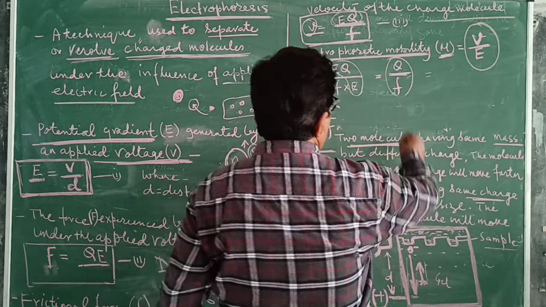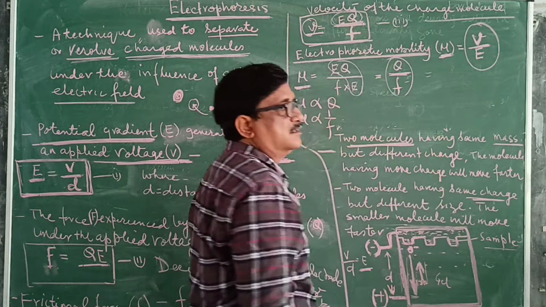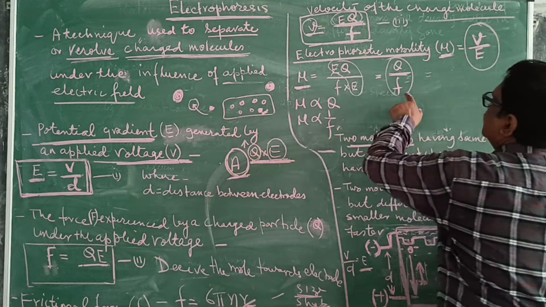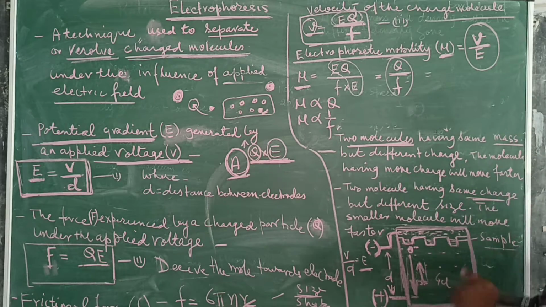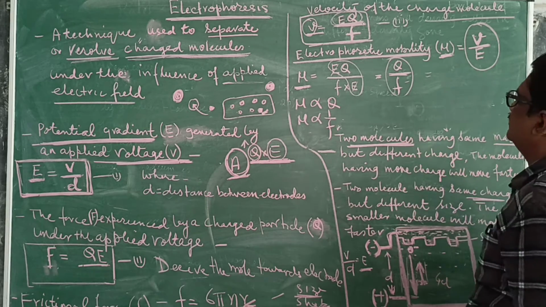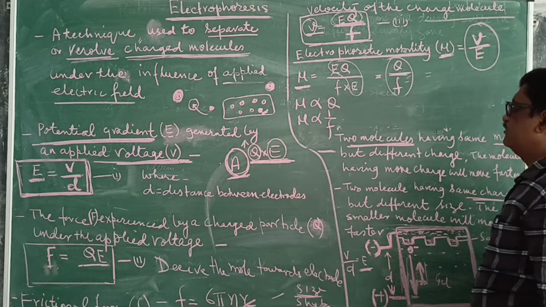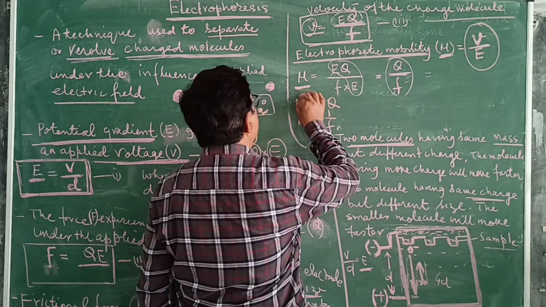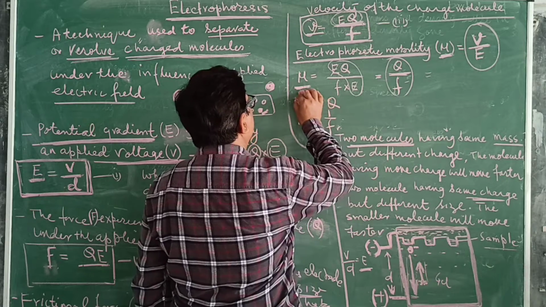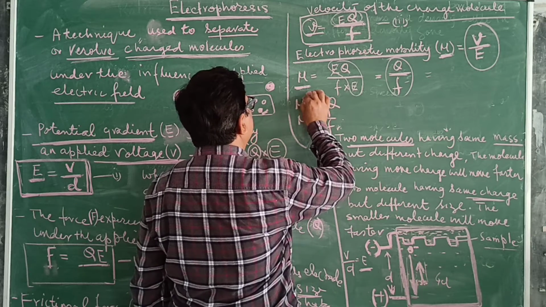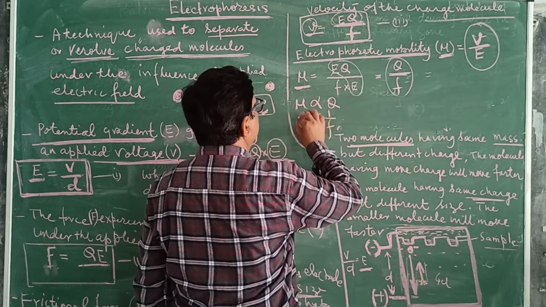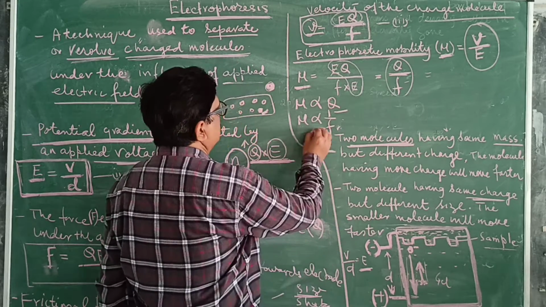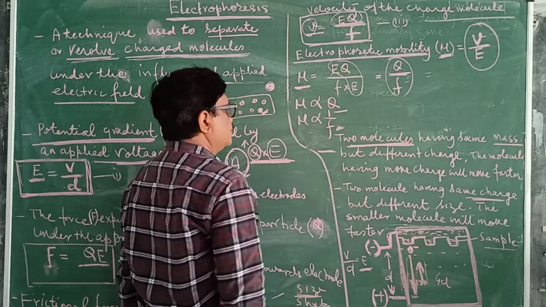Friction force depends upon the size, shape, or pore size, and the viscosity of the medium. That means the electrophoretic mobility of the molecule will be directly proportional to the charge of the molecule, and inversely proportional to the friction force.